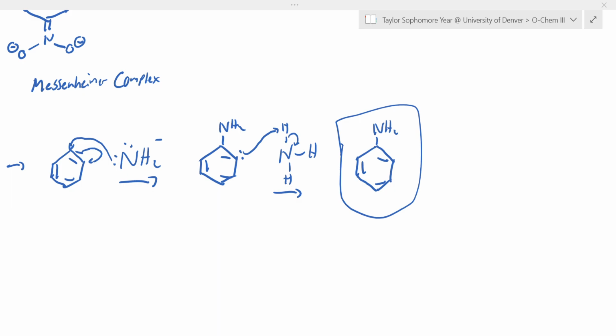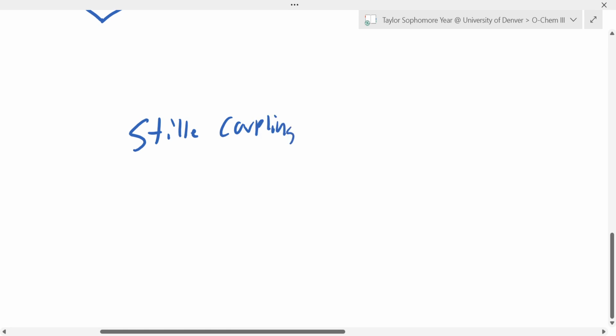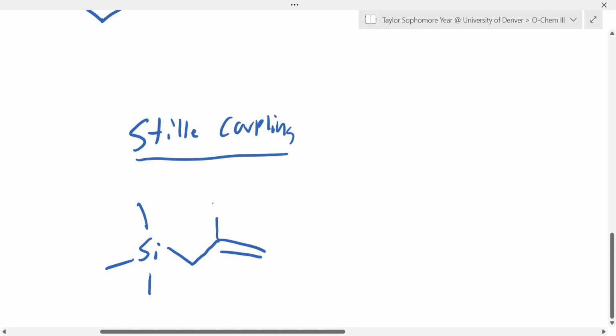So to start, we have Stille coupling. And we'll use this example, Si surrounded by carbons, with Sn, and we'll use SnBr3.